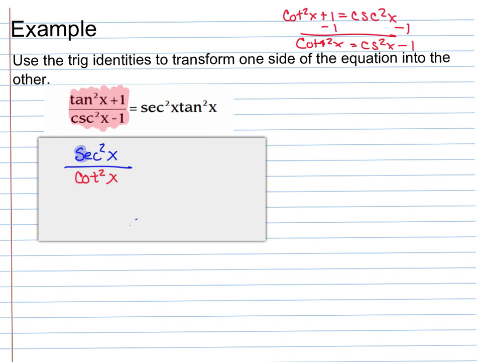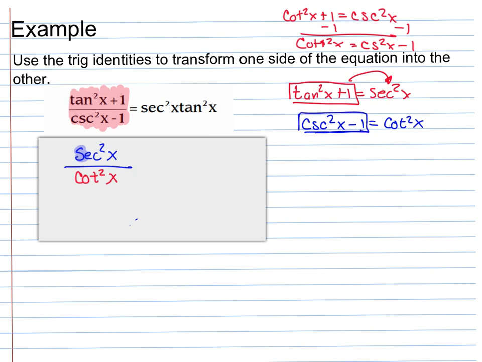But just in case you don't, we know that tangent squared x plus 1 is equal to secant squared x. So this piece is equal to that piece, and I replaced it. We also know that cosecant squared x minus 1 is equal to cotangent squared x. So this piece right here is equal to that piece, so this piece replaces that.